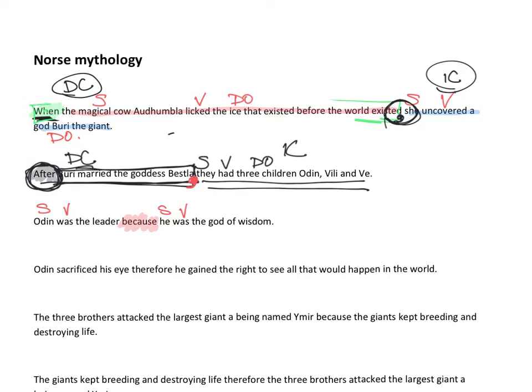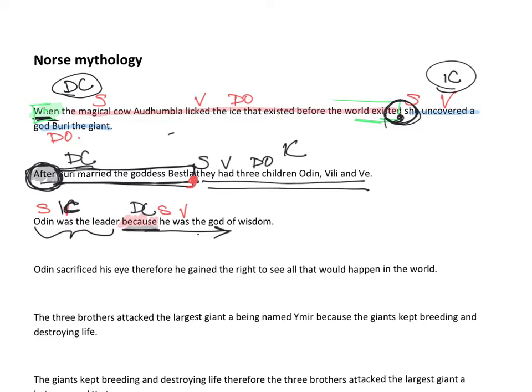Because Odin was the god of wisdom, he was the leader. Does it flip-flop? Yes. If it flip-flops, that means this word right here has created a dependent. This is the dependent word. Everything that comes after it is the less important dependent clause. Everything that's in front of it, then, this half is going to be the independent clause.